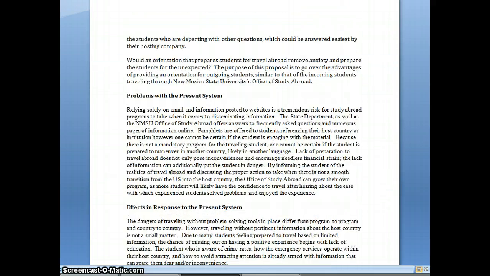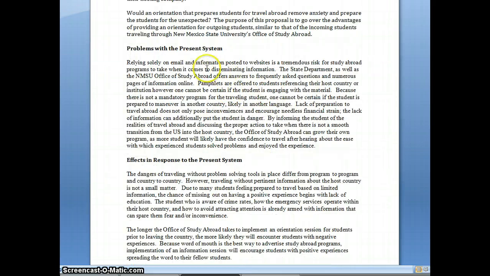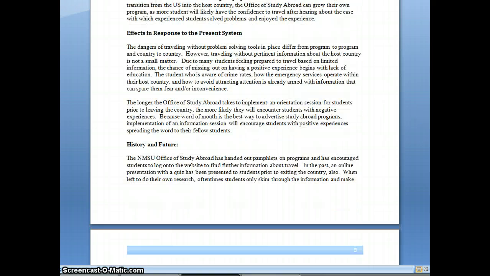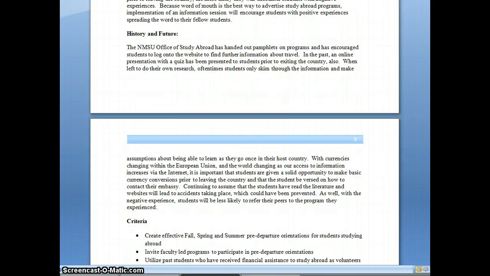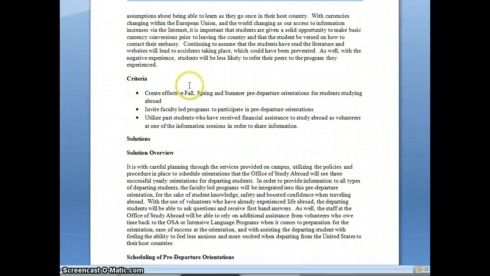We scroll into the second page. She talks about the specific problems of the systems, the effects of the system for the current study abroad students. She gives some history, and then she moves into the criteria, what the solution must do in order to solve the problem. Then she moves into her solution section.